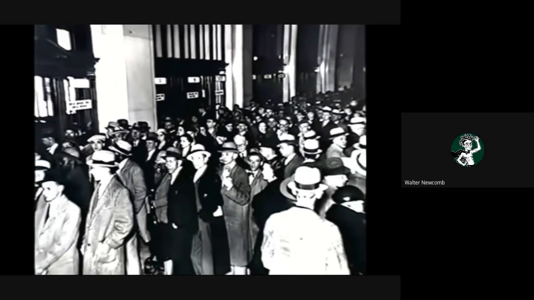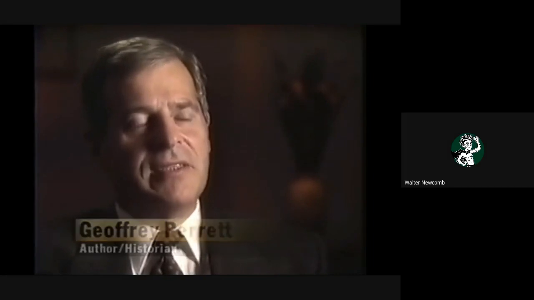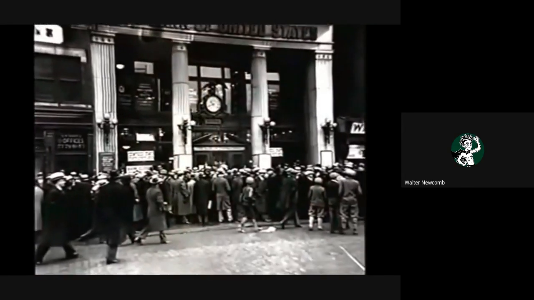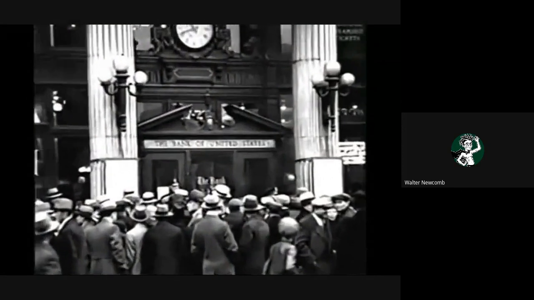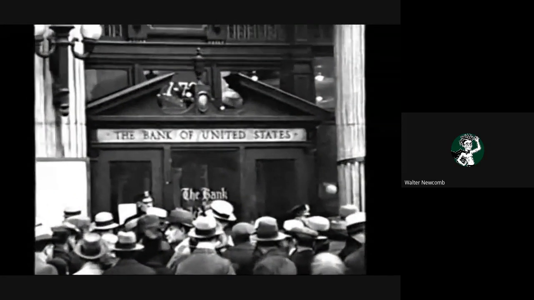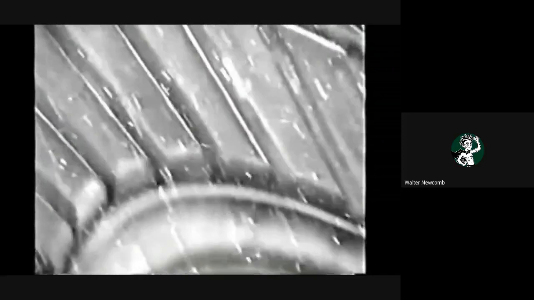There was a janitor called George Gallies who had $1,000 in the Bank of the United States. It had taken Gallies 40 years to save $1,000. After spending two nights and two days in the pouring rain outside this shuttered, locked bank, literally beating on the walls with his hands in frustration, he realized he was never going to see 10 cents of his money.